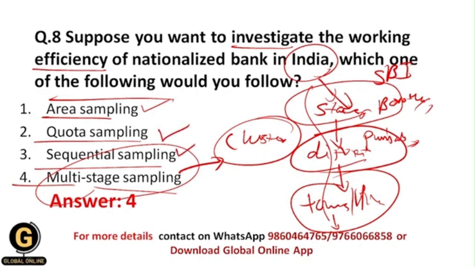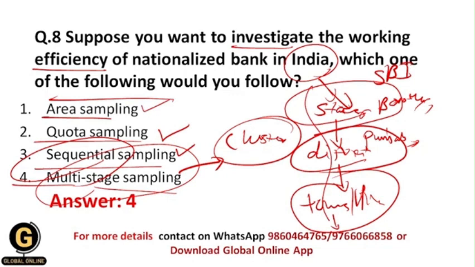Now what is sequential sampling? As the name suggests, it is sequential, so basically it includes a lot of sequences. For example, whenever a researcher doesn't know exactly whether a particular sampling technique will be feasible or not, then in such kind of sampling he will first use a minimum number of participants, and after that if he finds that the technique is feasible, or that he is getting accurate data, then again he will select the samples.